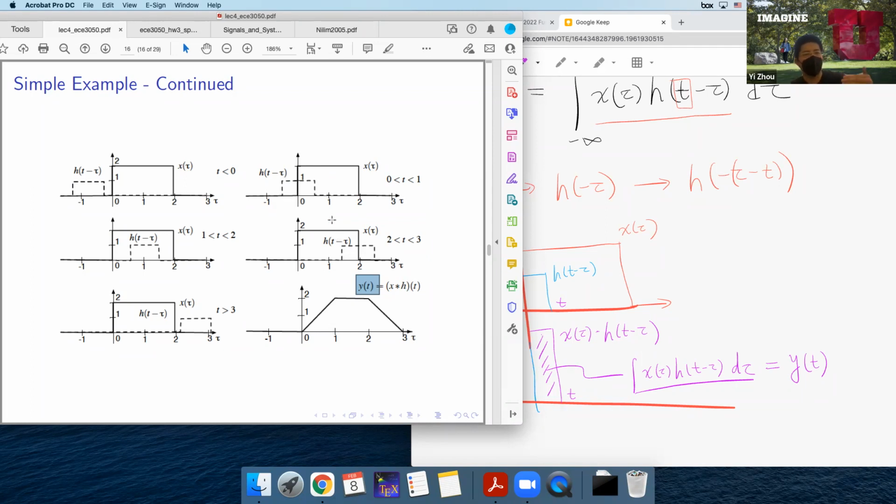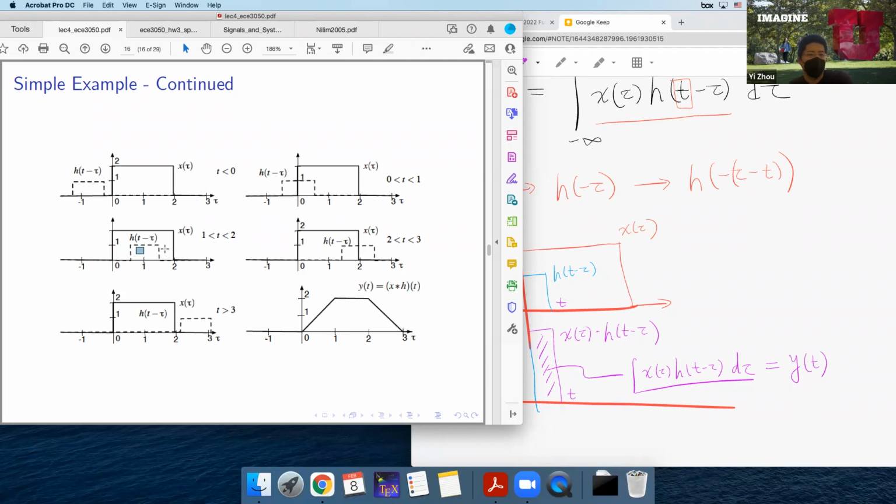And then we keep increasing the value of t. After that, at some point, the entire smaller rectangle signal will be included in the larger rectangle. In this case, no matter how we move this rectangle inside the larger rectangle, their overlapping area will remain the same. It's a constant, which is the area of the smaller rectangle. So that is why in the convolution result, in this region, the convolution remains the same because they have a constant overlapping area.